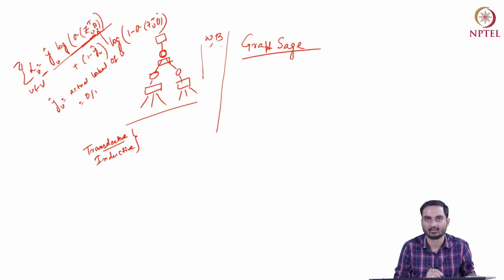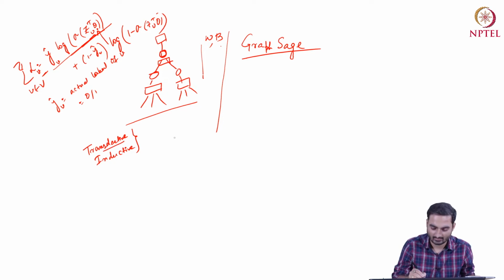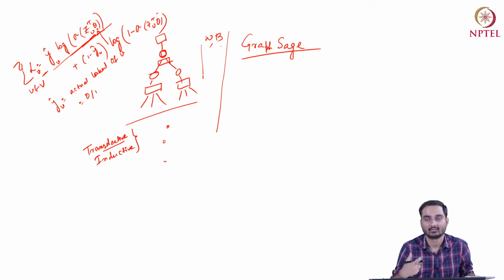These are two learning paradigms. So, in transductive learning, the idea is that the test set is known to you. Let us say you have a graph, and the entire graph is known to you, and you are running DeepWalk or node2vec kind of approaches on the entire graph, and you get some embeddings, and you also know the labels.